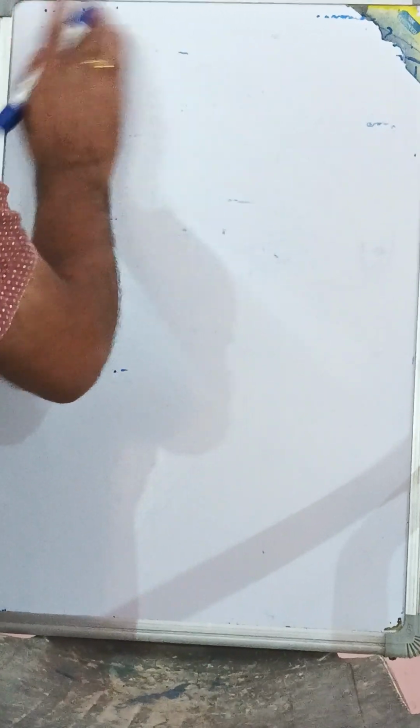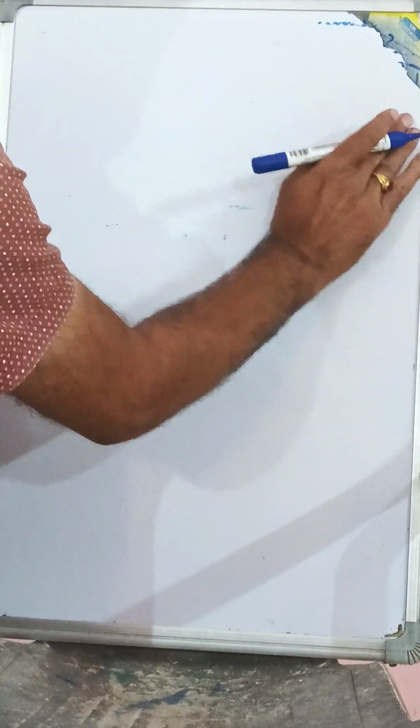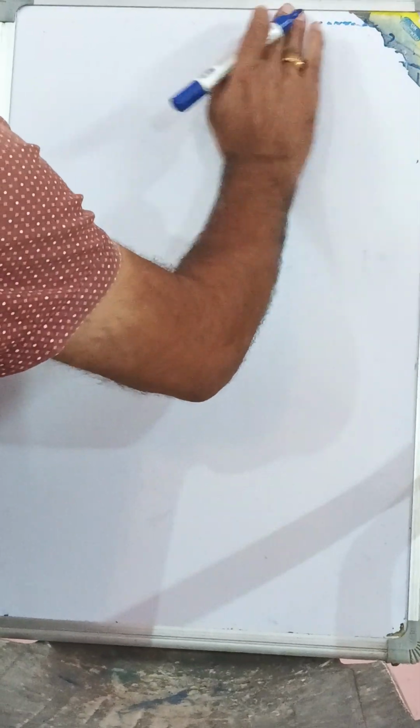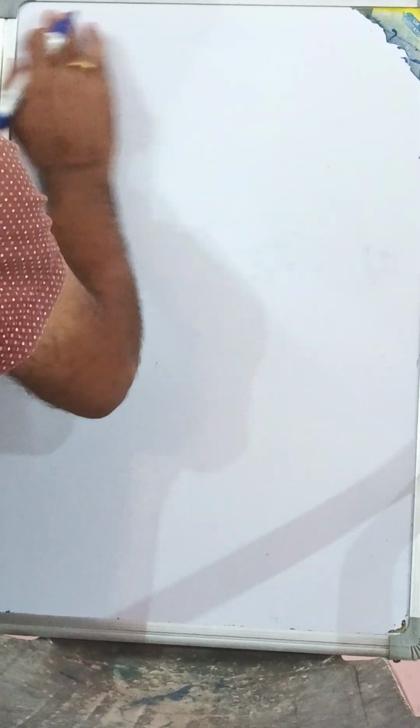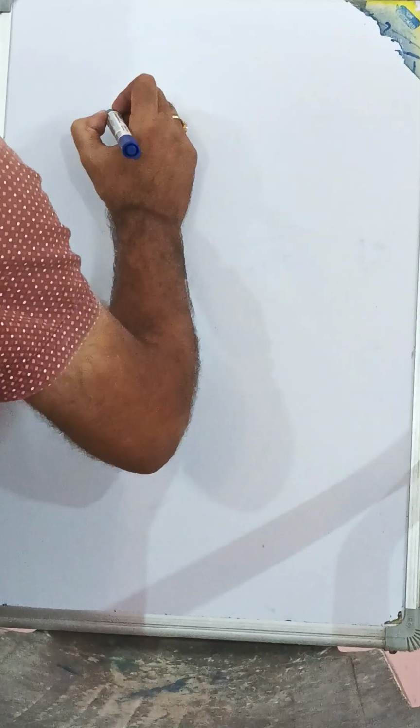I will draw a figure of the Wheatstone bridge. Very easy, and this is a class 12 topic. Okay, this is a very important long question. So we will discuss Wheatstone bridge.